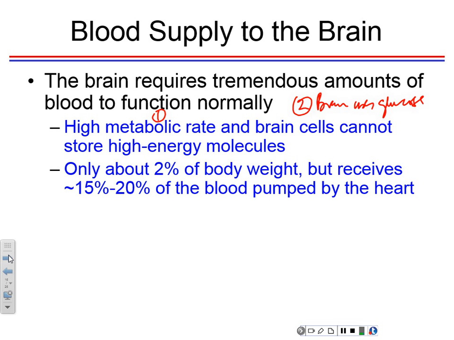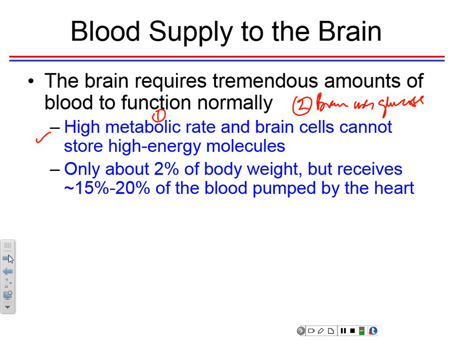So because of that, you're going to need a lot of blood to go to the brain. If you have a stroke episode where a certain blood vessel to the head is blocked, in a few minutes that brain tissue may die, and that's why people who have a stroke have problems controlling whatever part was injured.